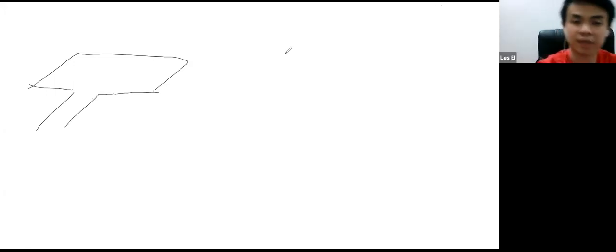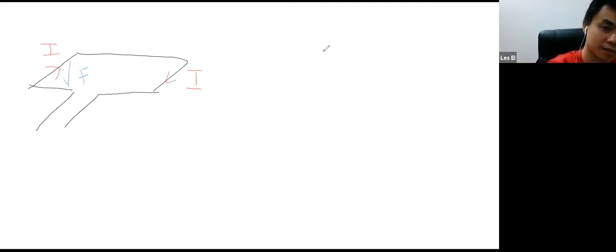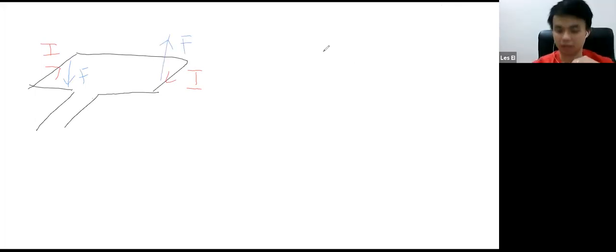Okay, thank you. So if you use your Fleming's left hand, the current is flowing in this side and flowing out in this side. You will be able to tell that the force is acting downward on this side and the force is acting upward on the other side. I just found out that some students don't have self-confidence in solving this.